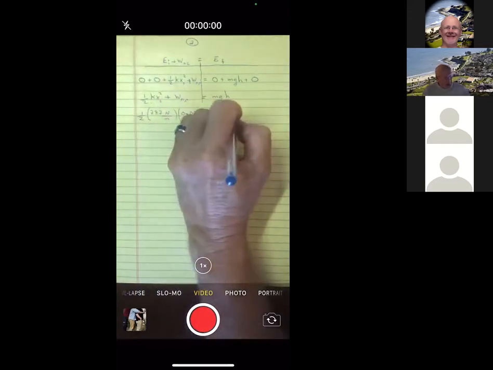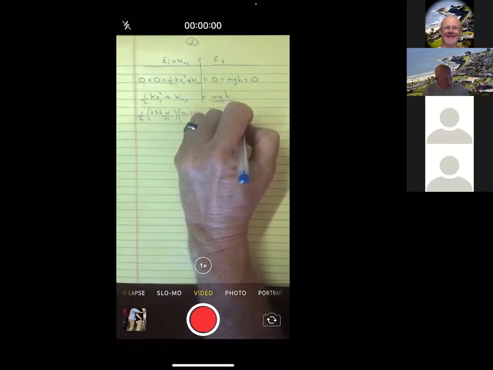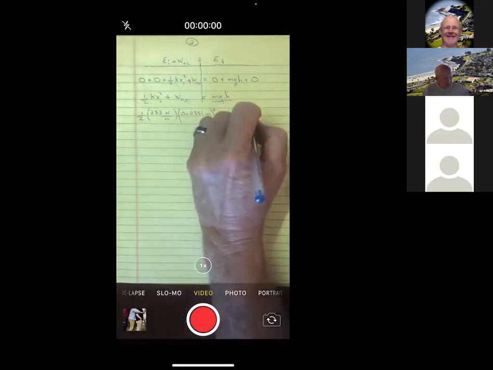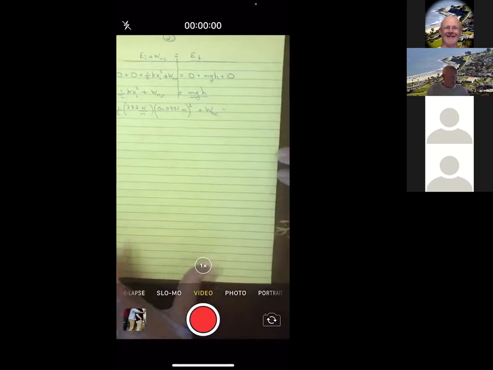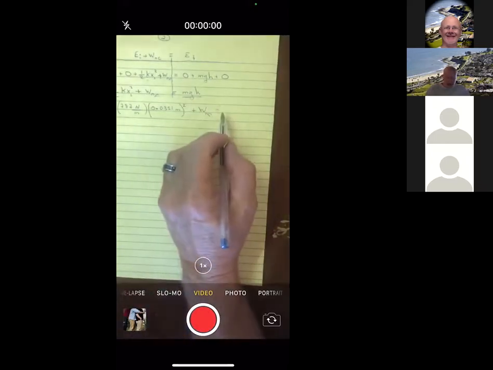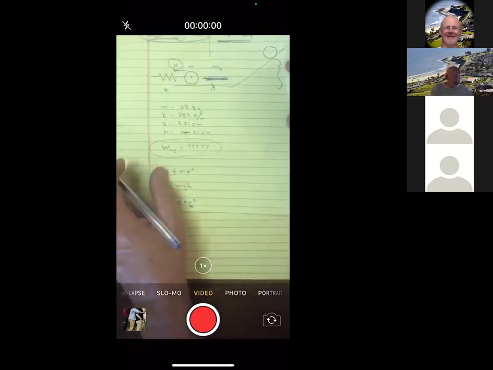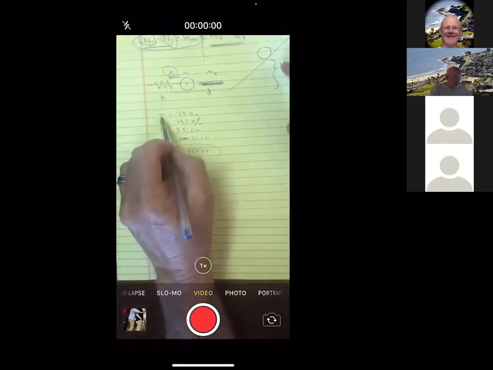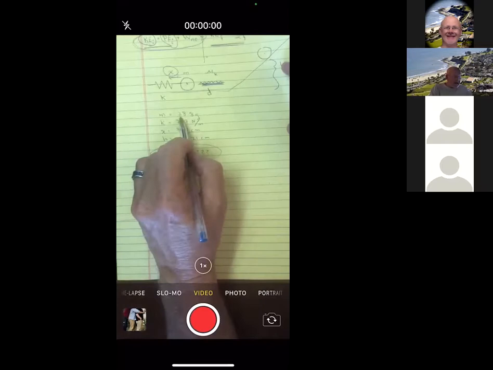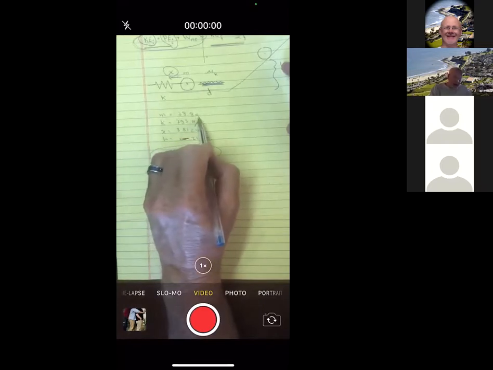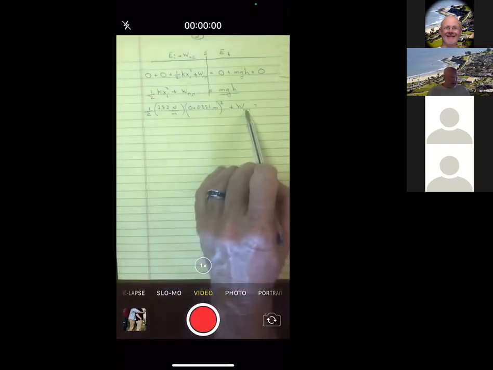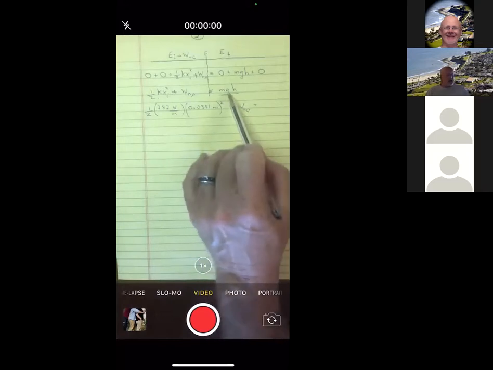Now this term is what we're looking for. So there's the non-conservative work. And then on this side of the equation is the mass. Now, let me point out the same unit issue. Under the mass, they have 78.8 grams. But again, if I'm calculating energy, energy is measured in joules.